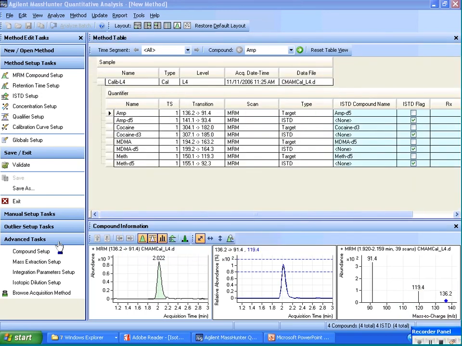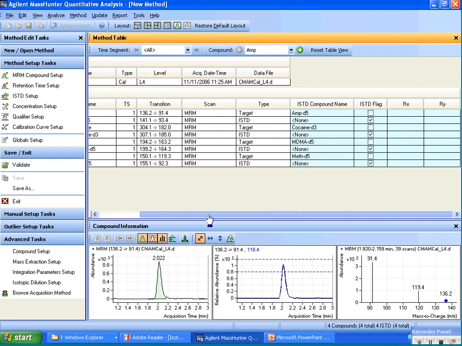Next on the advanced topics, I'd like to take a look at isotopic dilution setup. Now this is in the advanced tasks again, and you'll notice for the compound, I have columns asking me for Rx and Ry.